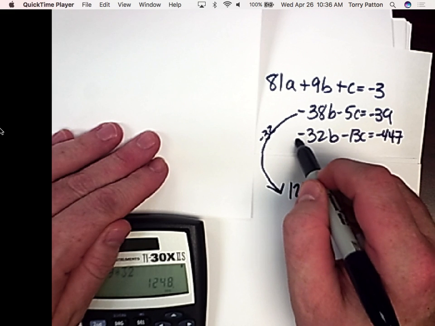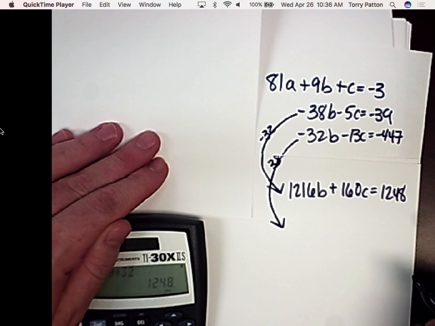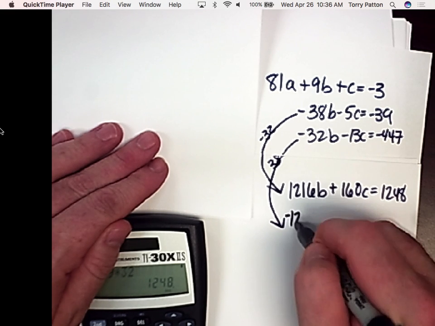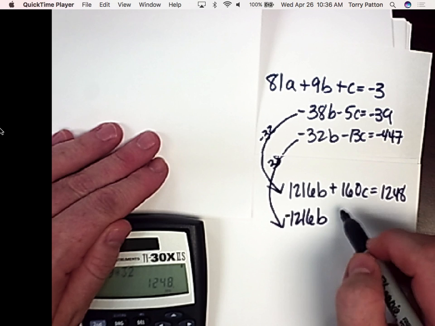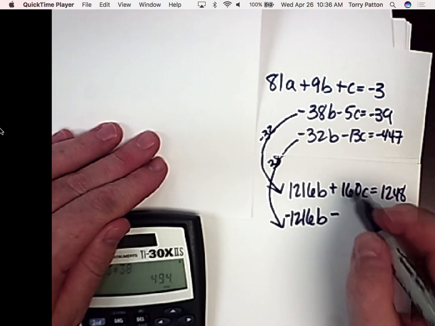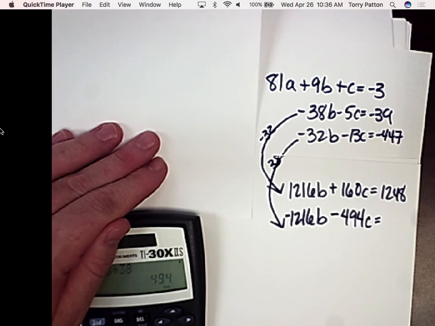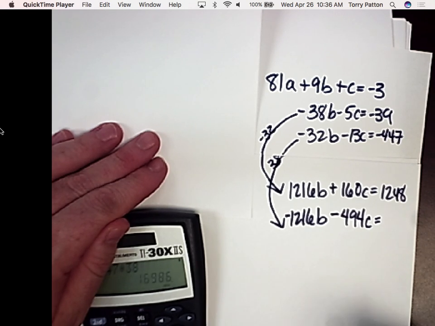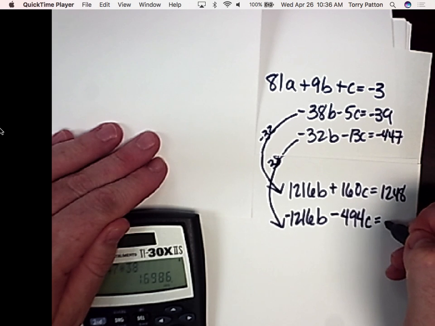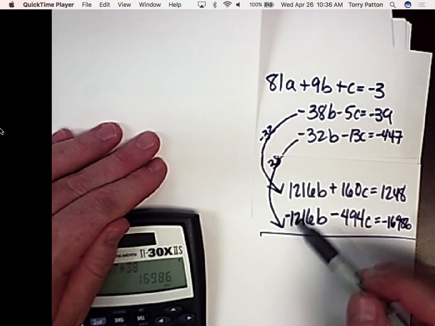Then multiply this by 38. You're going to get negative 1216b minus 13 times 38, 494c equals 447 times 38, negative 16,986. Okay, if you add those, b's are gone.